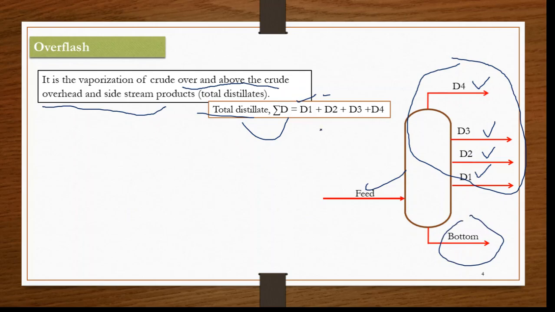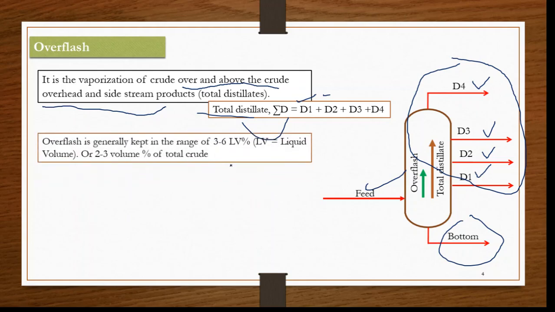For this total distillate we need vapor. In the overflash concept, we have to vaporize the total distillate plus a small amount of crude oil more, and that small amount of crude oil that is vaporized after the total distillate is known as the overflash. So this is the story of overflash.